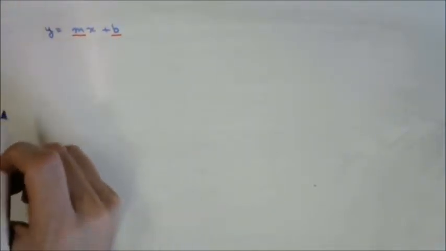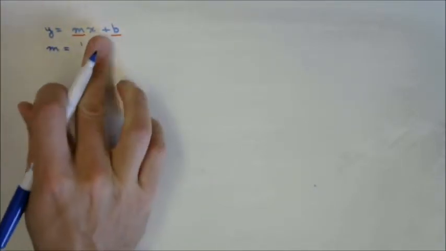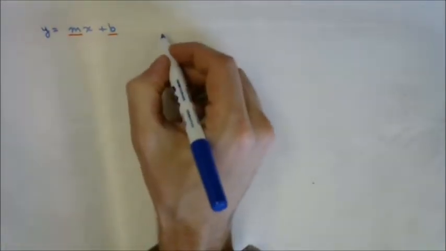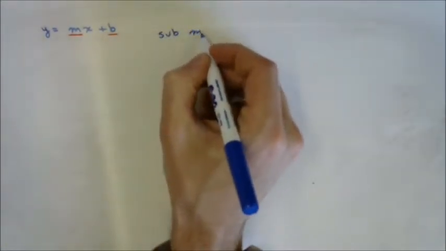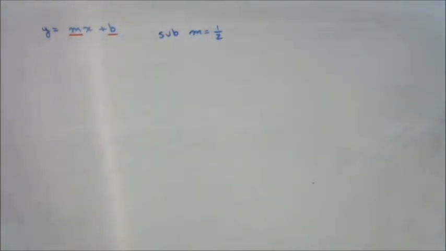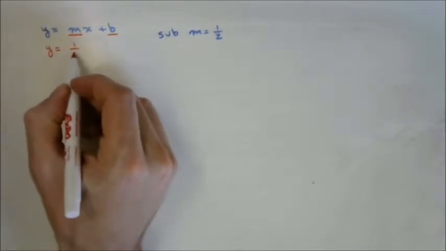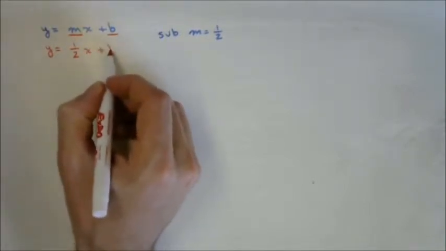Okay? Now what do we already know? We already know that m equals 1/2. Alright, so here we go. We've got y equals 1/2 x plus b.